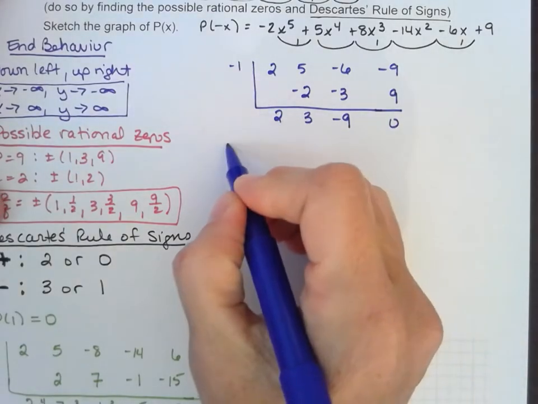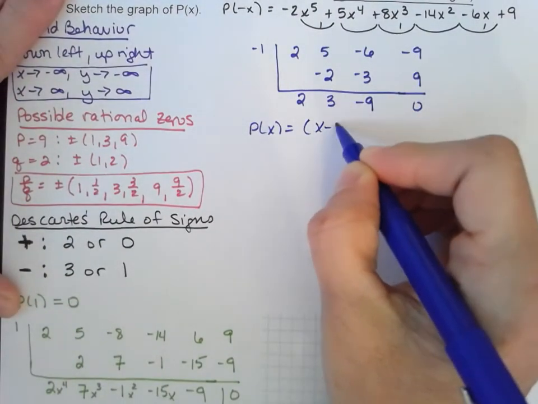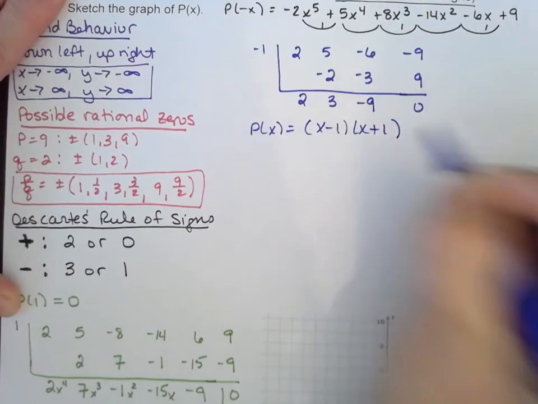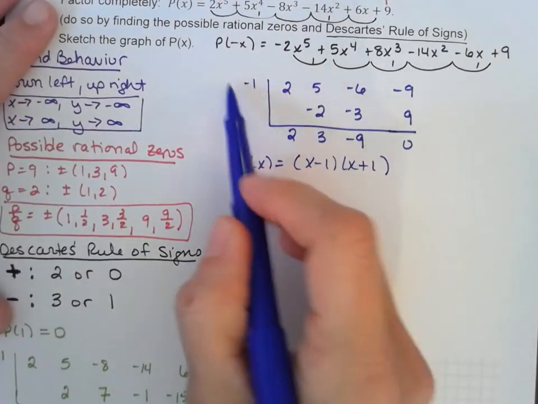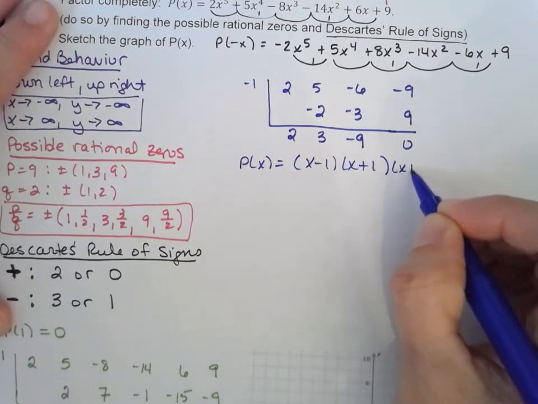So now we go back and grab our first two factors, x minus 1 and x plus 1. This is another x minus -1, so that makes another x plus 1.